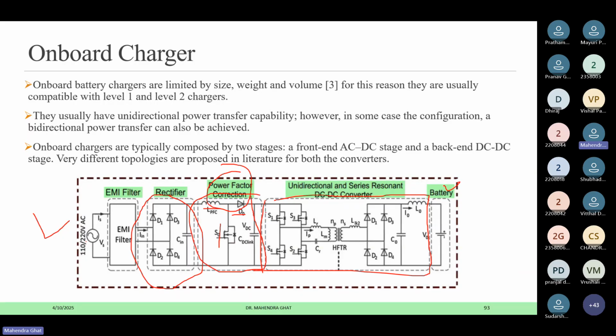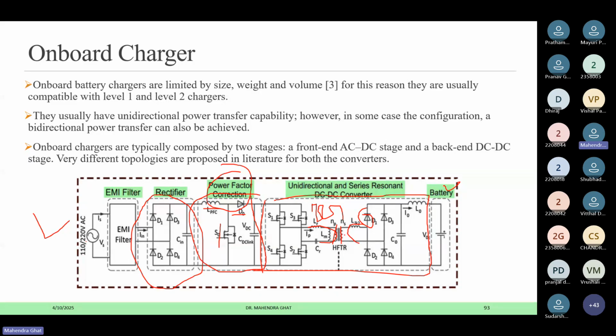So the DC supply here is converted into a very high frequency AC, like this, and that will be given to the transformer. Then there will be the magnetic isolation, and the secondary of the transformer again uses a diode rectifier to rectify the output.